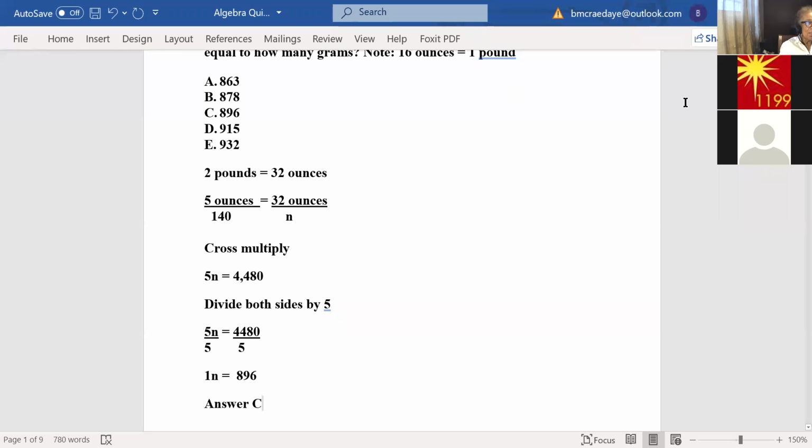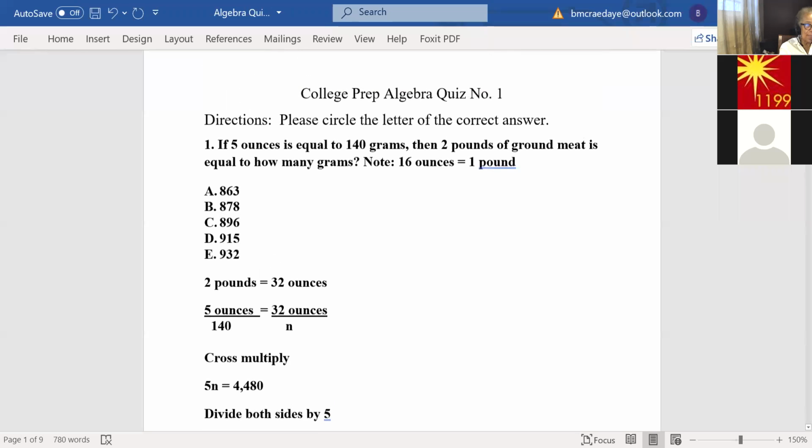You see, remember I said a proportion is setting two ratios equal to each other. So the problem gave you what? It says 5 ounces is equal to 140 grams.